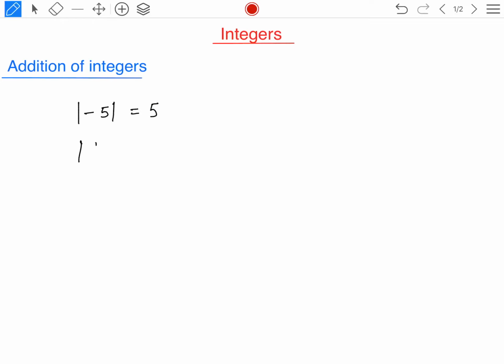What is the absolute value of 6? You will remove the sign. Do you remember the absolute value symbol? It is written like this. In between the symbol we write, for example, the absolute value of -11. It is 11. I think you remember what absolute value is.